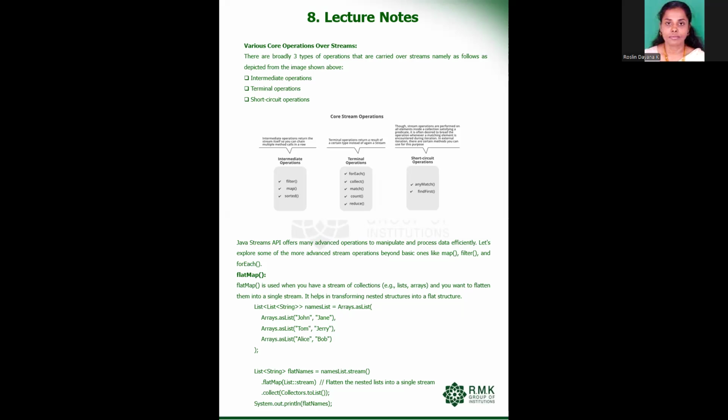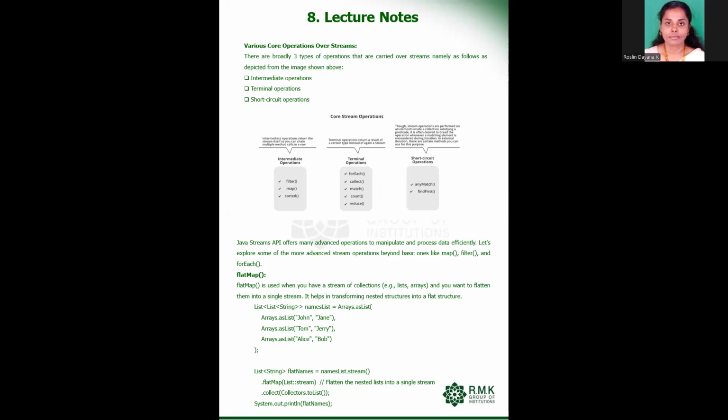An example is given here. There is a list, and the list name is nameList. It contains an array of list elements. First list John, Jane. Second list Tom, Jerry. Third list Alice, Bob. So if you want to combine all these three, we use the flatMap method. For the output list, the flattened list name is flatNames.